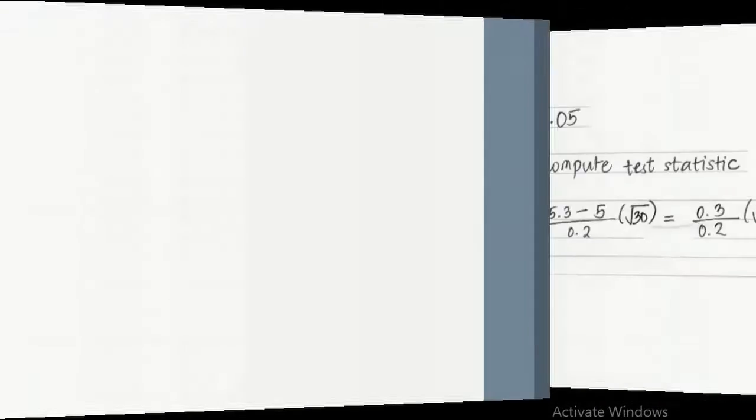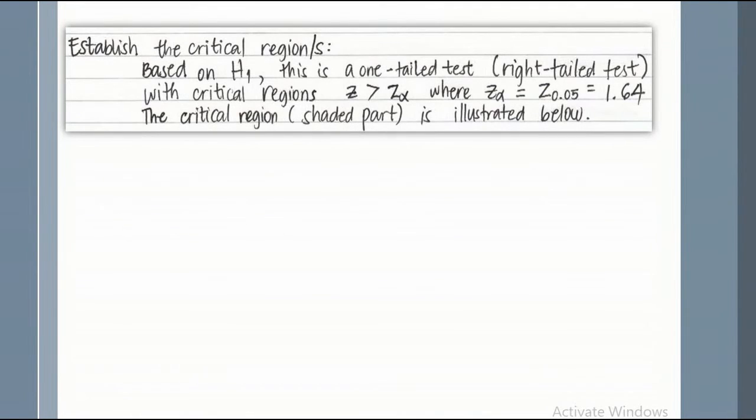Let's now establish the critical region or regions. Based on the alternative hypothesis, this is a one-tailed test or right-tailed test with critical region z is greater than z alpha, where z alpha is equal to z 0.05, which is equal to 1.64 based on the table. The critical region or the shaded part is illustrated below.